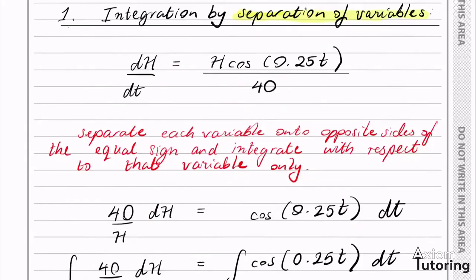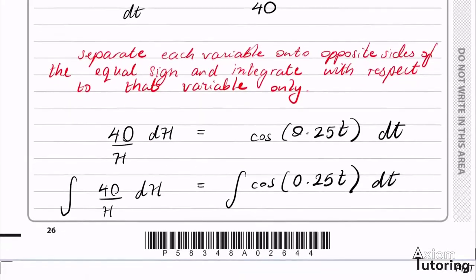So then from here, we can integrate. On the left, we're integrating our expression in terms of h only, with respect to h. And then on the right, we're integrating our expression in terms of t only, with respect to t.